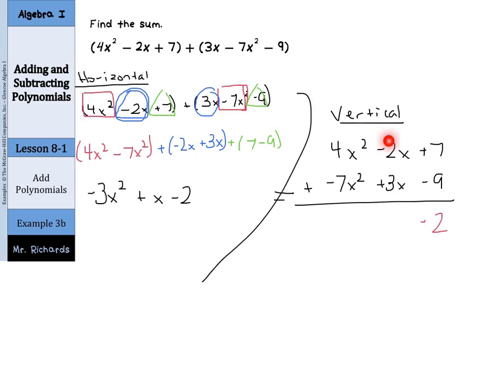Then we have negative 2x plus 3x, which is just 1x. And then we have 4x squared plus a negative 7x squared, which is negative 3x squared. So again, the horizontal method and the vertical method.